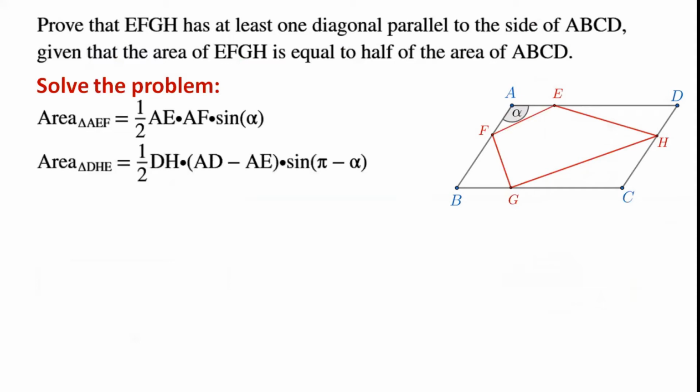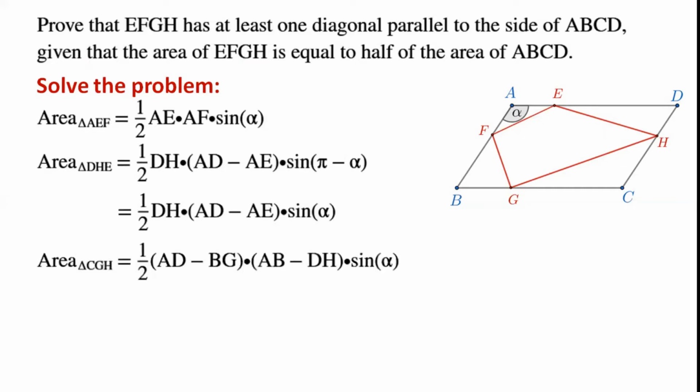Area of triangle DHE equals half DH times (AD minus AE) times sine (pi minus alpha). Sine (pi minus alpha) equals sine alpha.